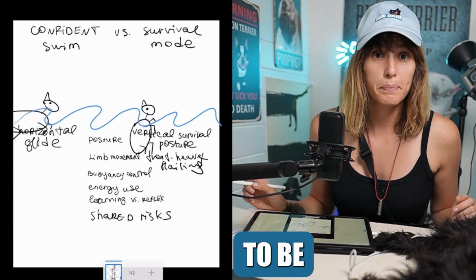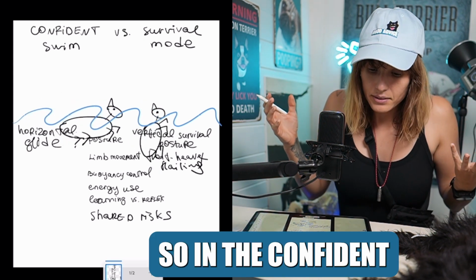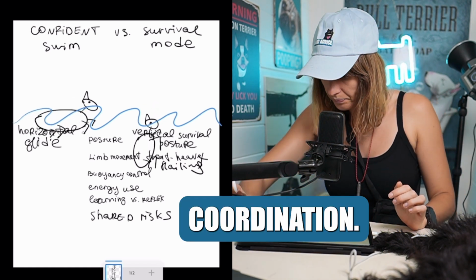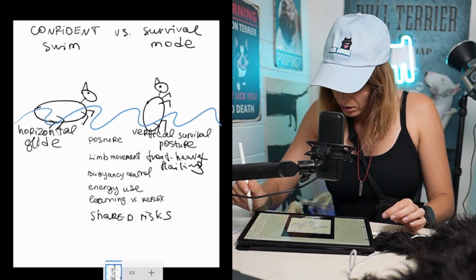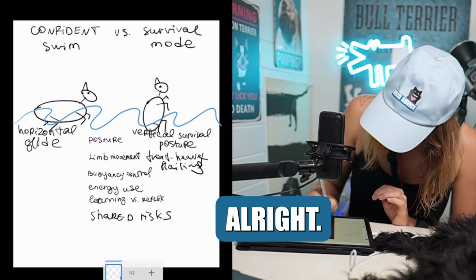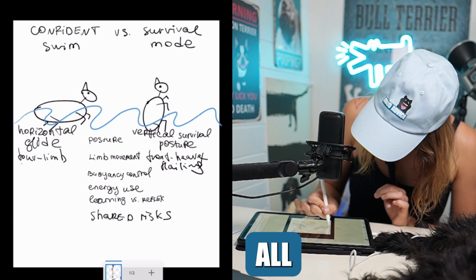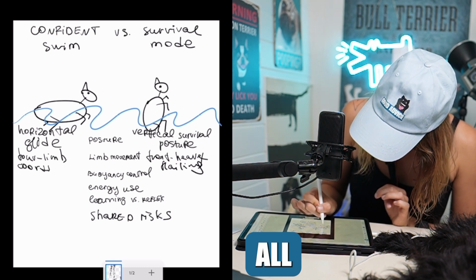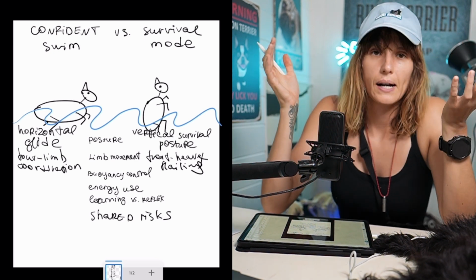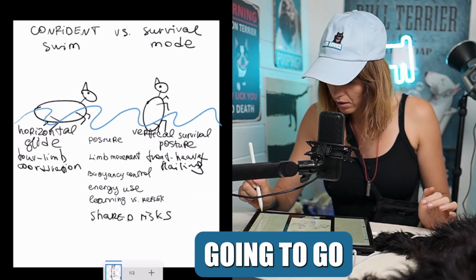Next one is going to be the confidence swim. So in the confidence swim, it's really forelimb coordination. All right. So all four legs paddle rhythmically. And we're going to go back to here.